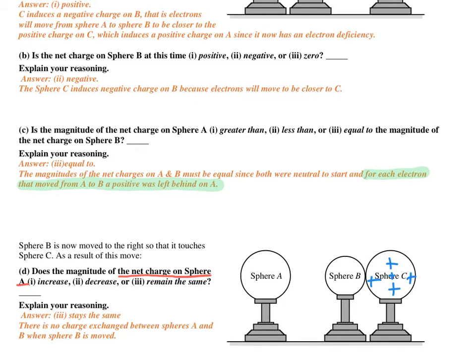The only way that you can change the net charge, the total amount of charge on an object, is through conduction. There has to be a way for charge to go from one place to another, either increasing or decreasing the net charge somewhere. Induction just moves them around where they're at.